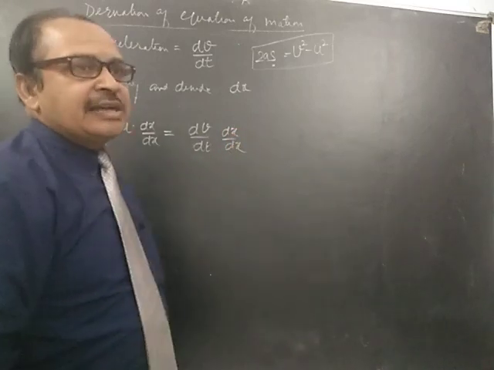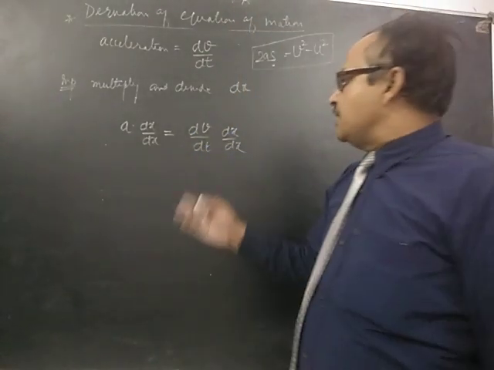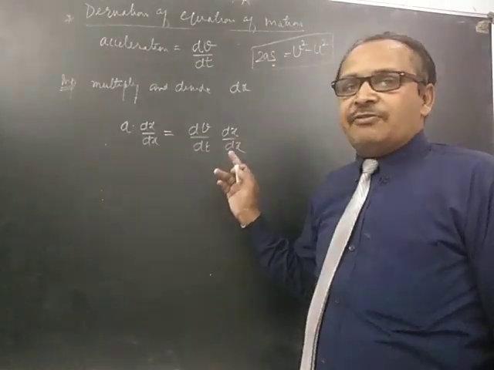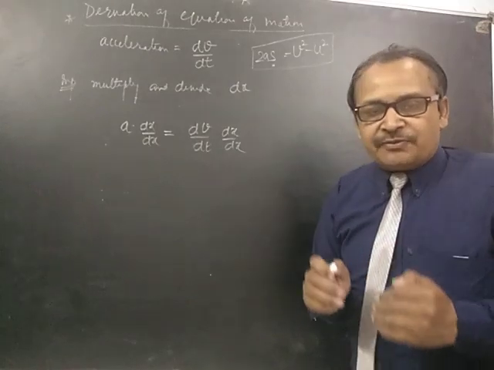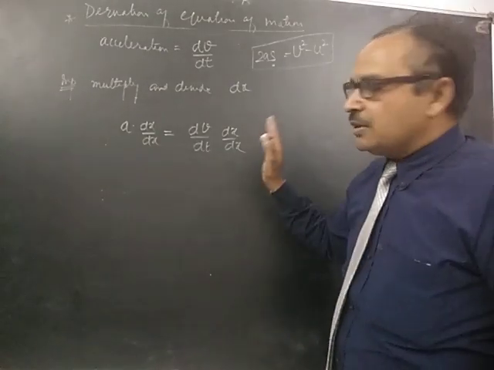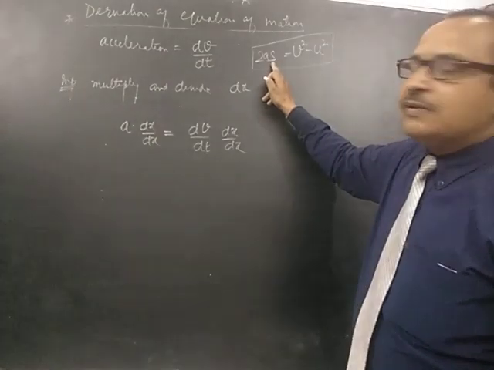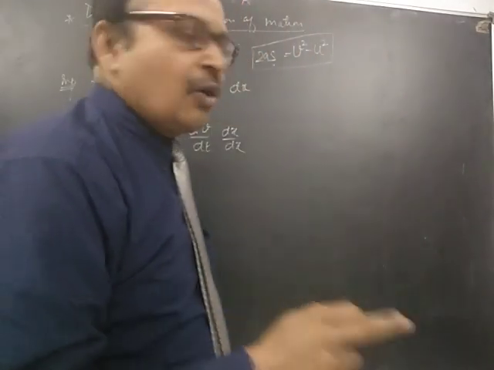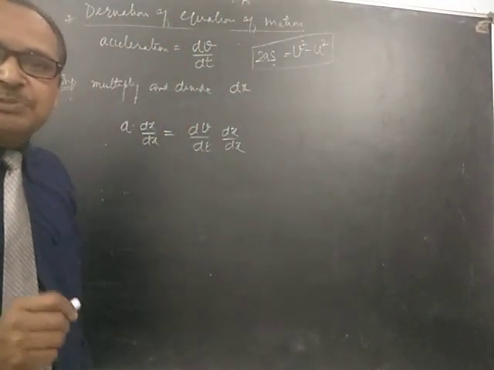Now somebody will ask me, sir, what is the advantage then? If we have to write and cancel dx and dx, then why are we doing this? So my dear friends, we are doing this in order to get our velocity, the rate of change of displacement.